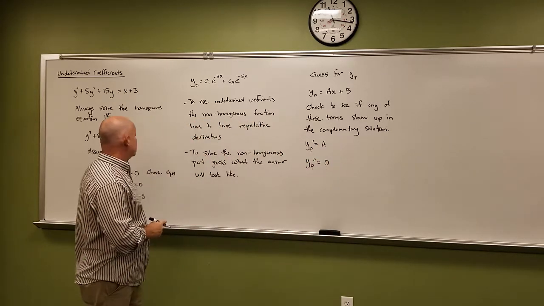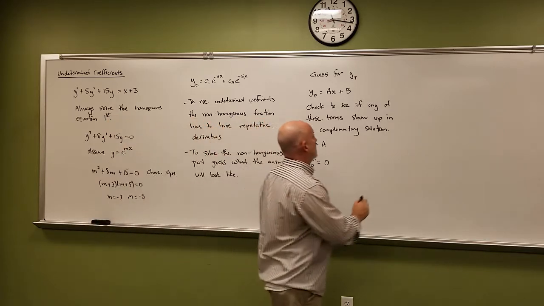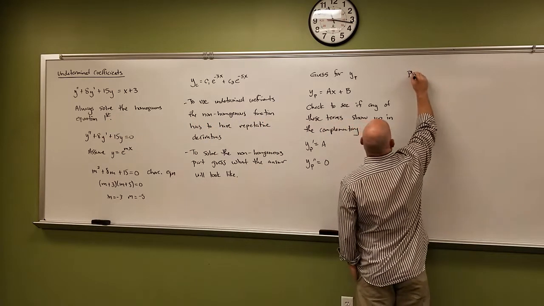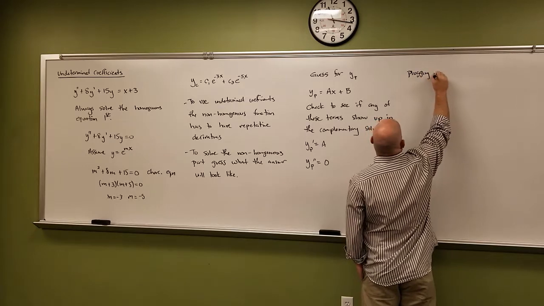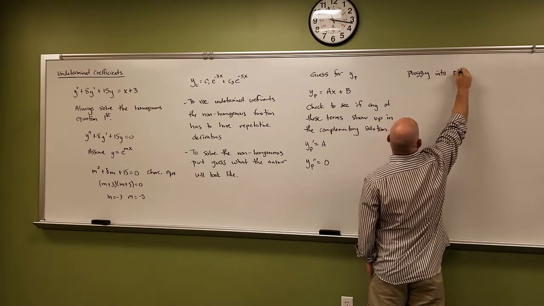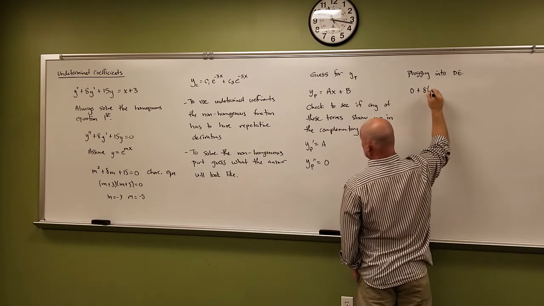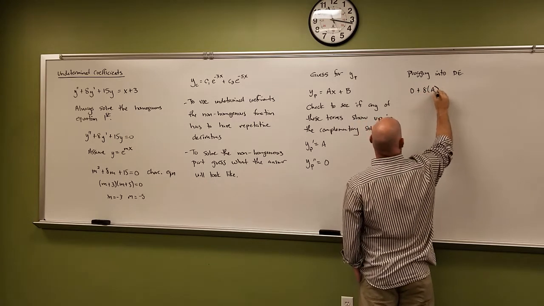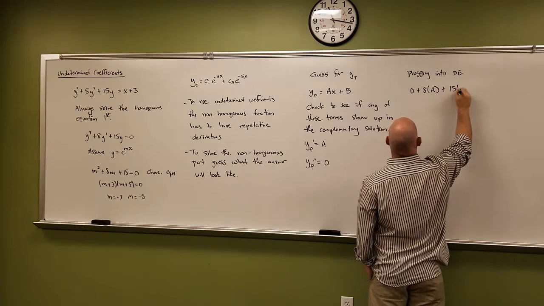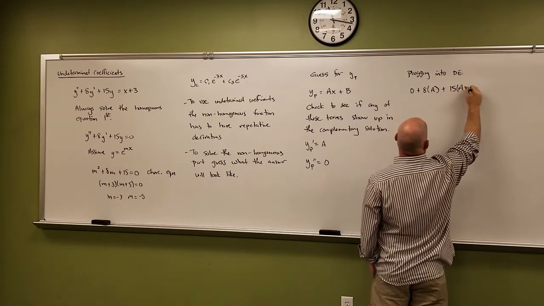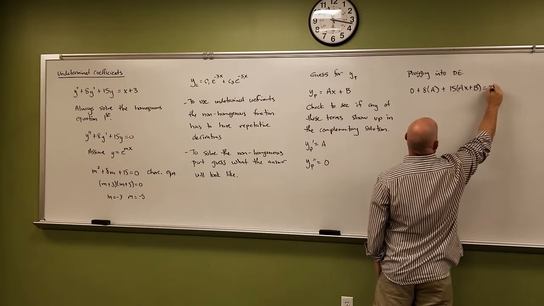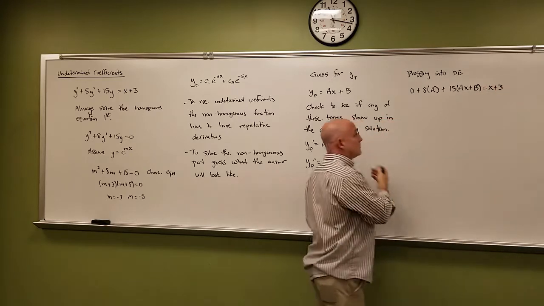So plugging into the DE, I get 0 plus 8 times y prime plus 15 times ax plus b has to be equal to x plus 3.